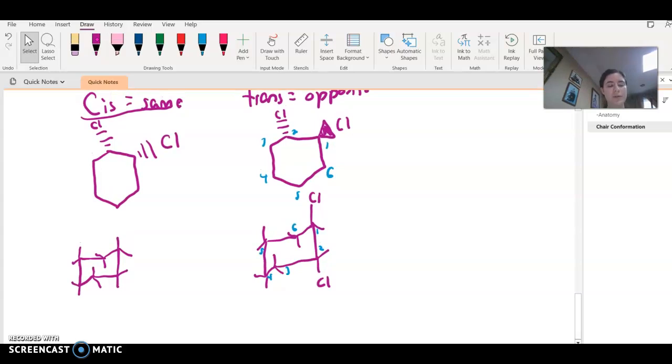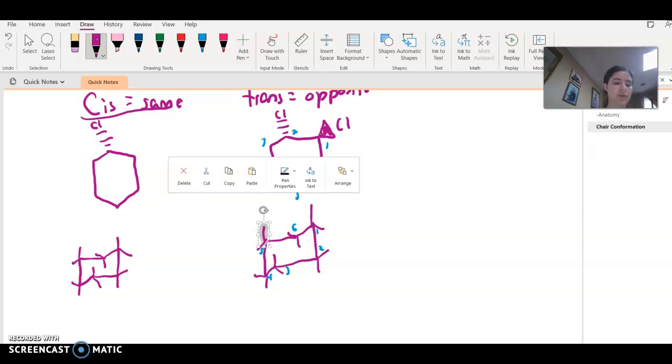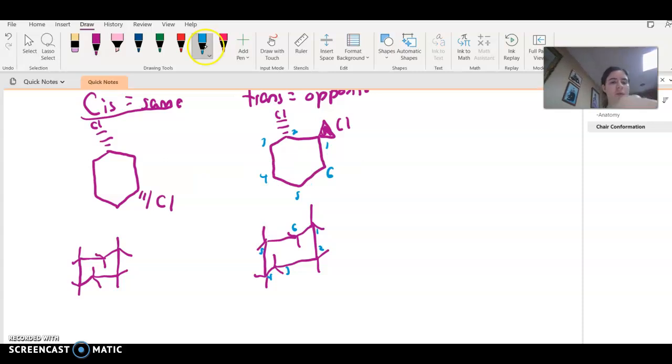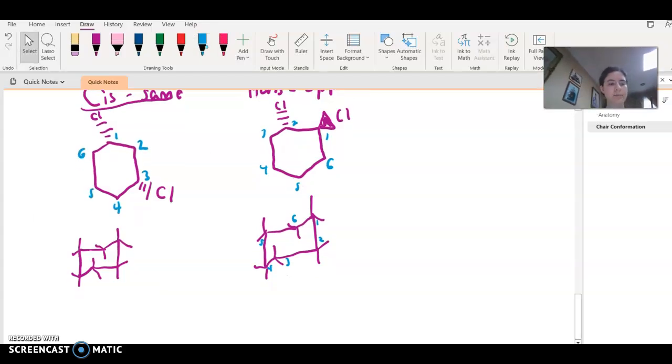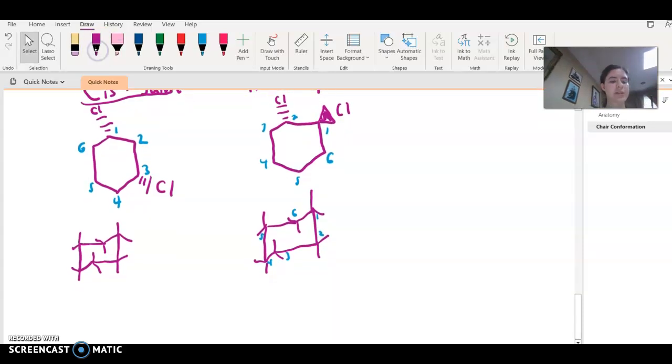Now with this one, where they're the same, to give it a little bit of extra spice, I'm going to move one of the chlorines over here. So remember, you're going to want to label the carbons, and you only have to do the labeling until you get more comfortable. Eventually, you'll just be able to visualize it. So I'm going to label these here. 1, 2, 3.